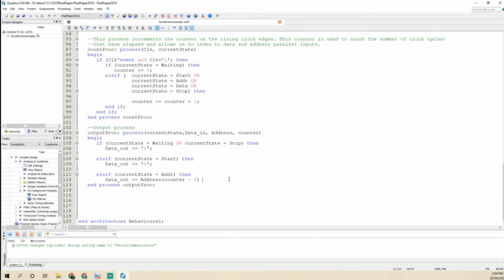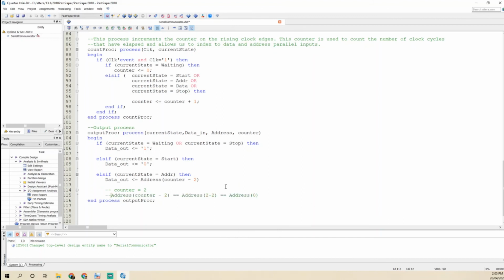When I'm in the address state, my counter is equal to 2. Let's just work out some of this logic. My counter is equal to 2. Therefore, address counter minus 2 is the same as address 2 minus 2, which is address 0.